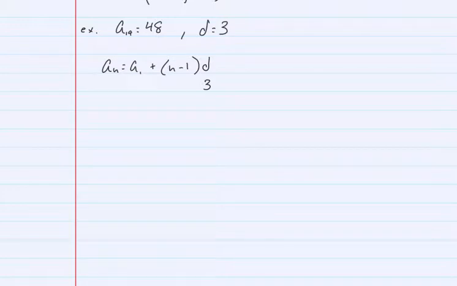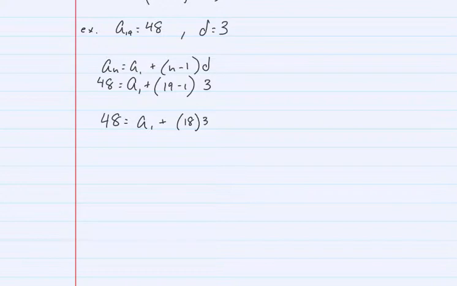I will put a 3 here, and I don't know my first term, so this will still remain an a sub 1. However, I do know an input and an output. The output here, a sub 19, equals 48. And if it's a sub 19, that means 19 was my input. So I will end up with 48 equals a sub 1 plus 18 times 3.